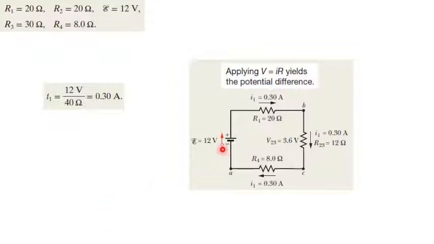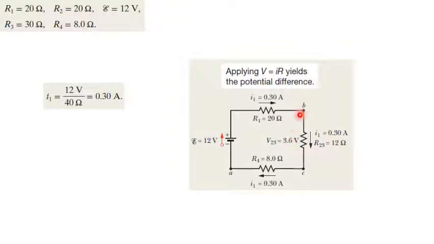Now we have the current which passes through this loop, so we can find out the potential difference at each resistor. The potential difference at resistance 1 would be I1 multiplied by R1. And the potential difference at the combination of R2 and R3 would be I1 multiplied by R23, which in this case is 0.3 ampere multiplied by 12 ohms, so it is 3.6 volts.